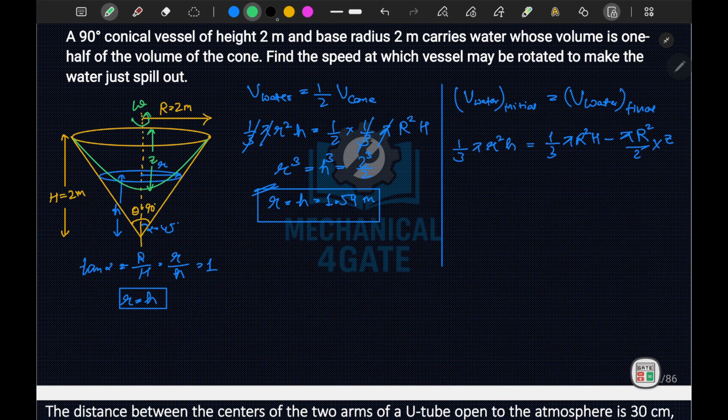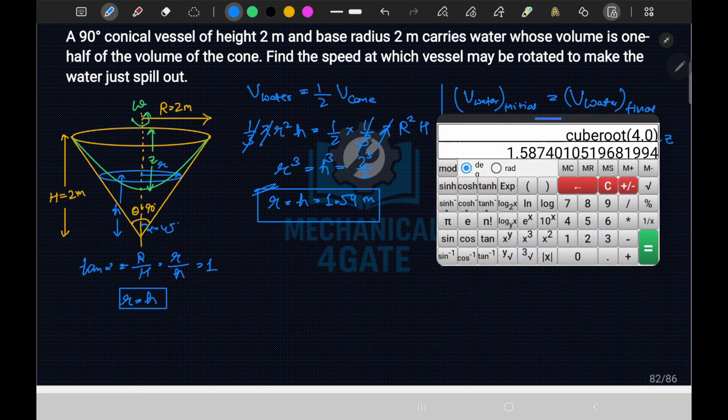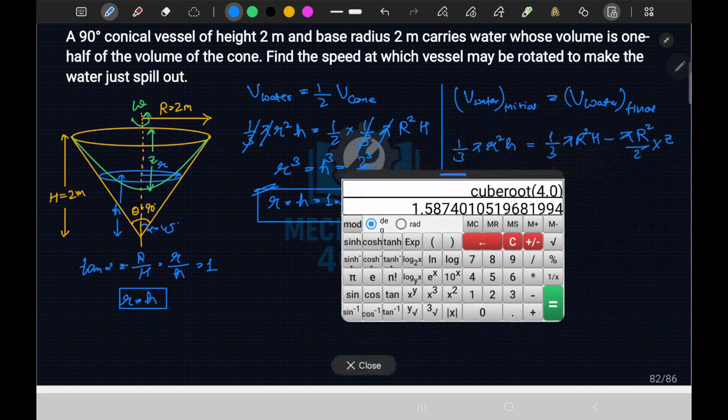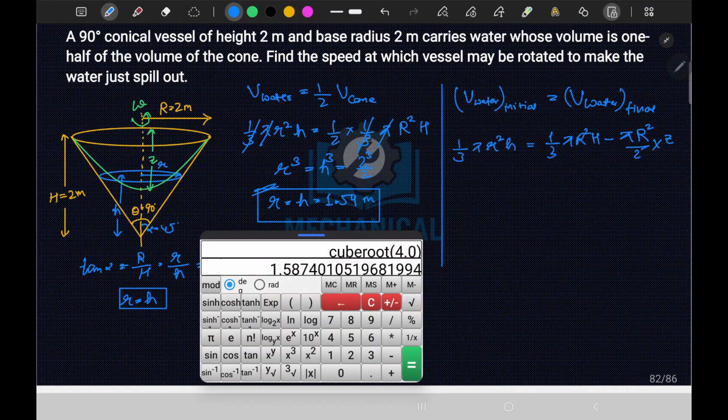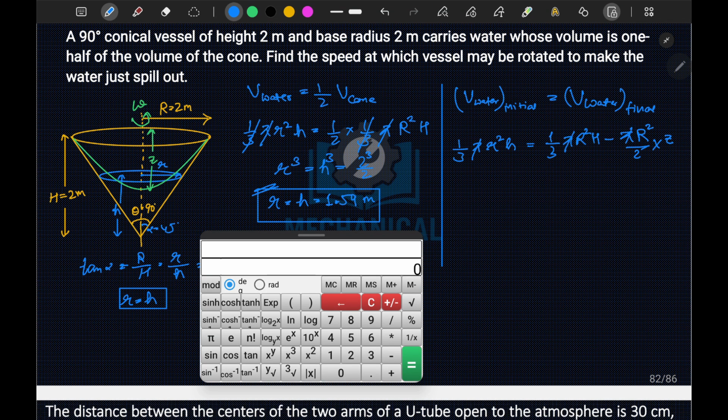Okay, so if we solve this, let's wait a minute. We can cancel out pi and pi.